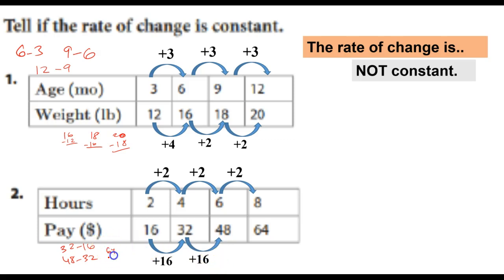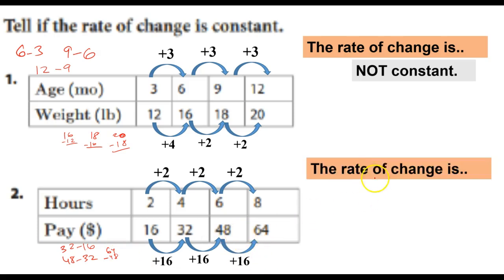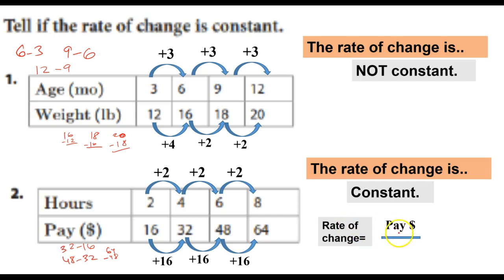And 64 take away 48, which would be 16 as well. So this rate of change is constant, and our rate of change would be the amount of pay over the number of hours, which is 16 over 2.